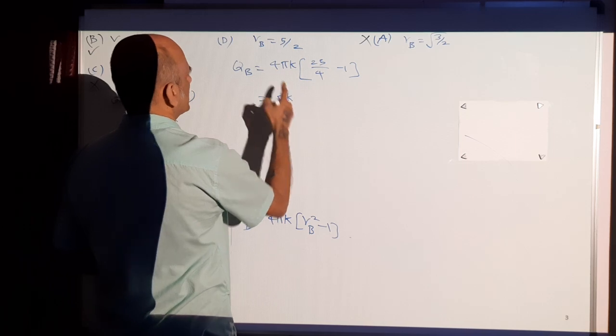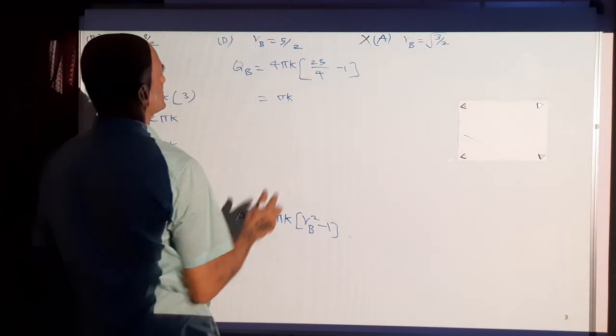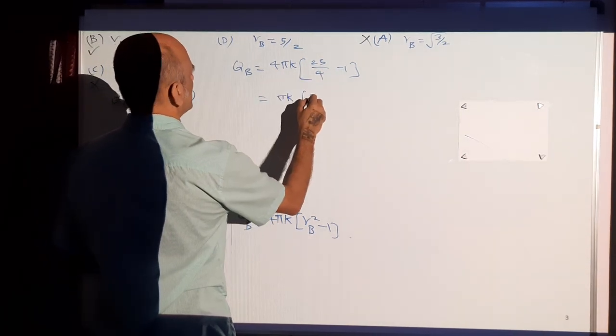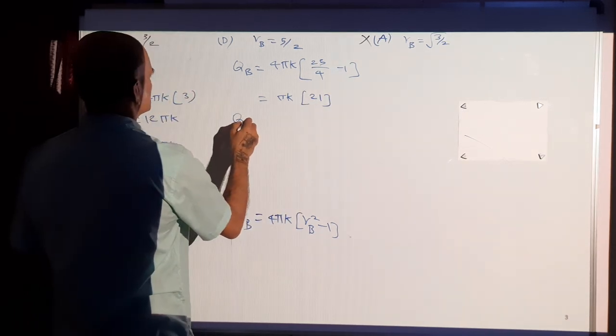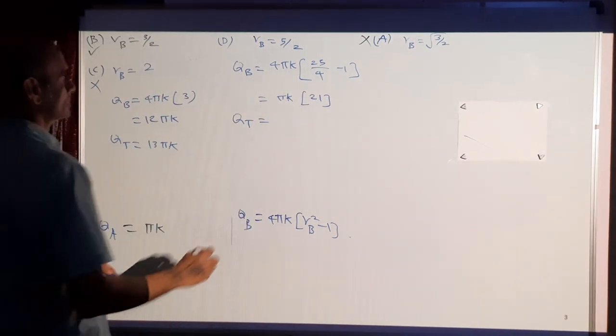I can take this 4 inside, so 25 minus 4 will be 21.